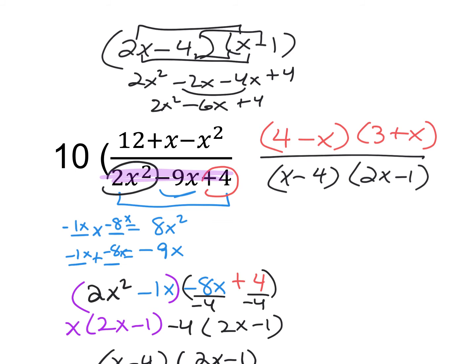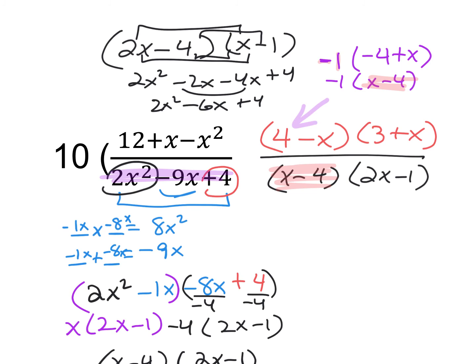It doesn't matter. So let's say I want to factor a GCF out of this one. If I pull out a negative 1, this ends up being negative 4 plus x. And then I can turn it around and do it x minus 4. And now it matches what's in the bottom.